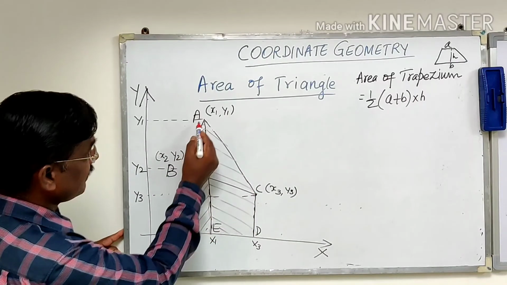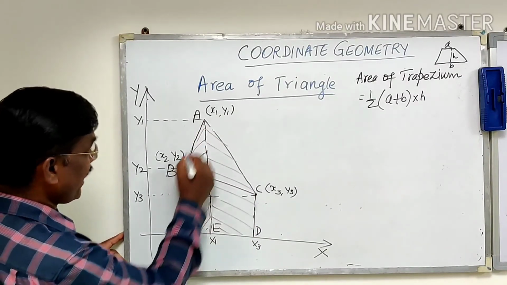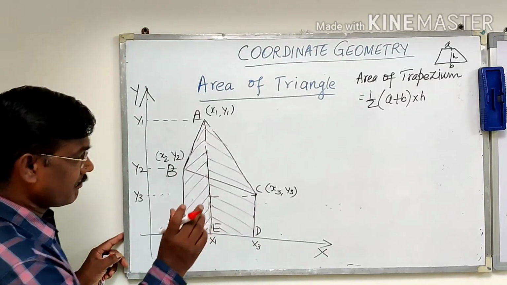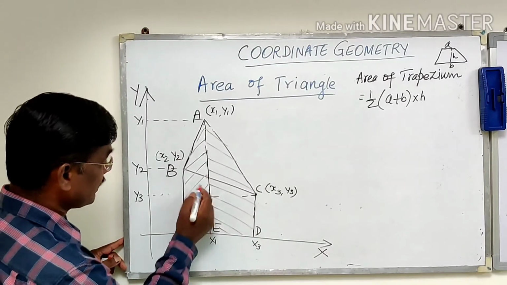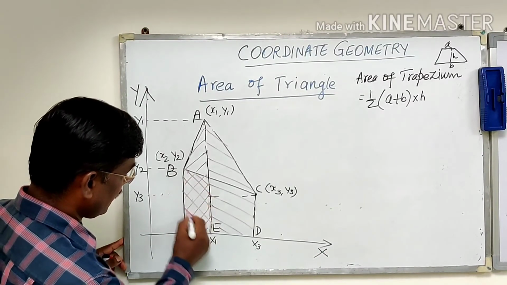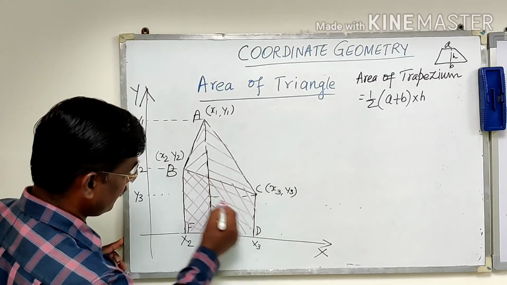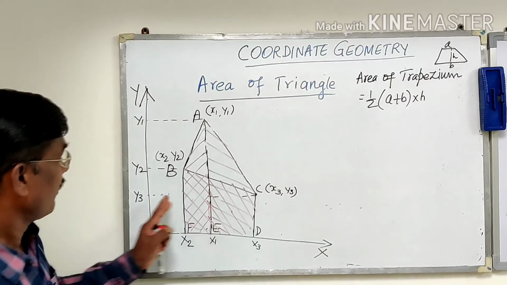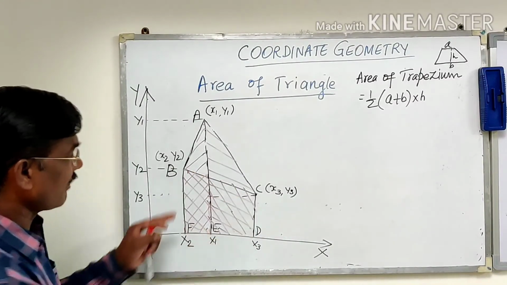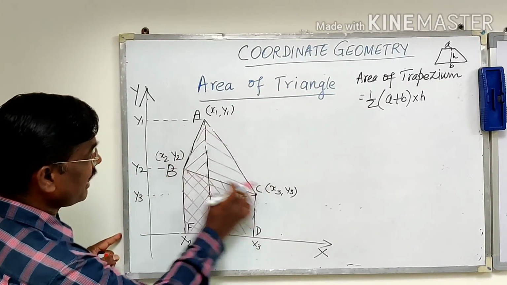Now to get the area of the triangle ABC, just find the area of two trapeziums and from that value subtract this portion. This is another trapezium, no? Find the value of this trapezium. Subtract it from the areas of those two trapeziums, then you will get the area of this figure.